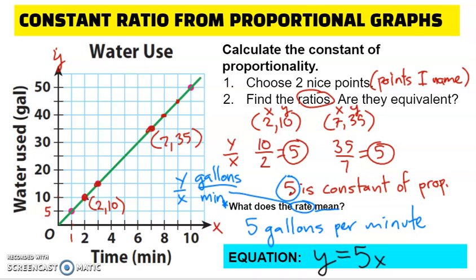For every x value, I multiply by 5, and it should give me the y value. So at this point, 2 times 5 equals 10. There's my x, there's the y, that's what it's supposed to be. Up here, I could do 7 times the rate, that equals 35. x times the rate equals my y value. That's what the equation means.